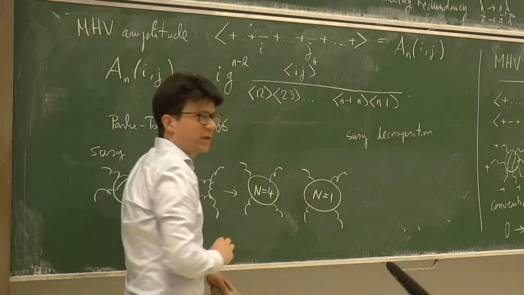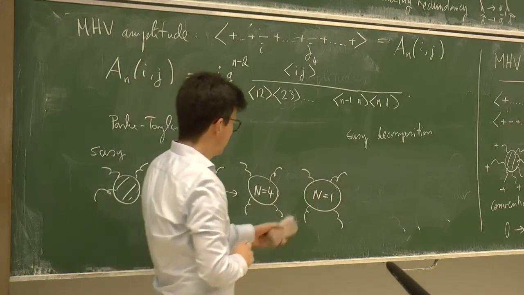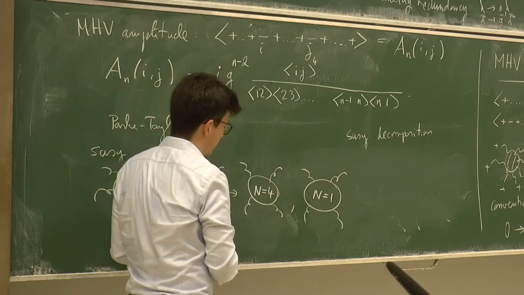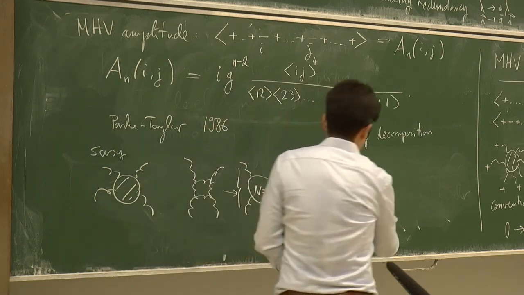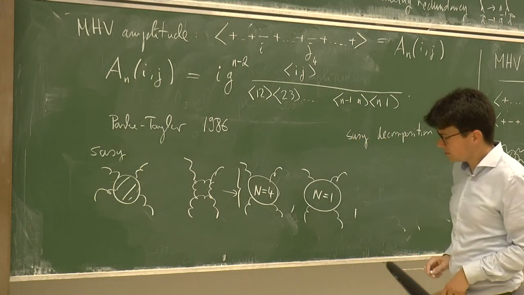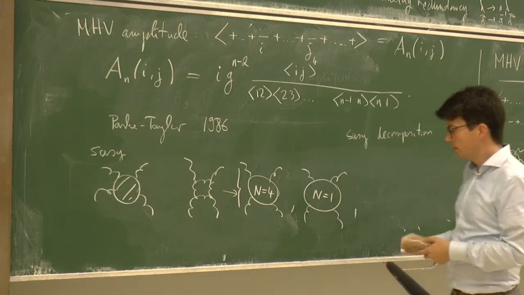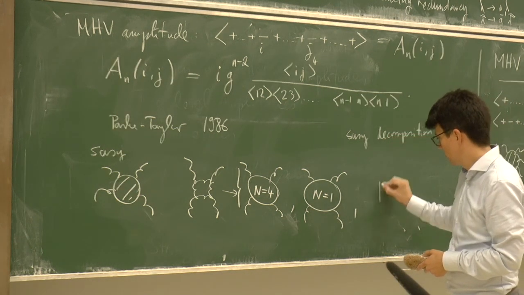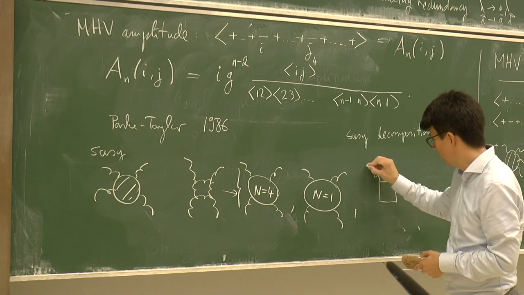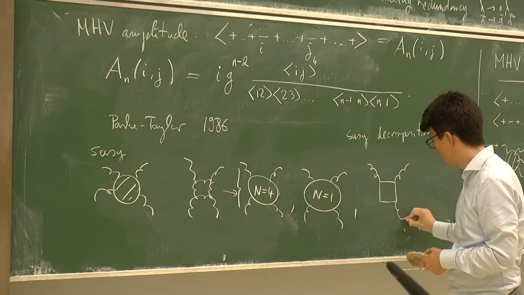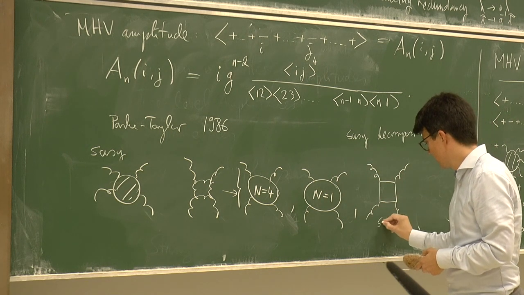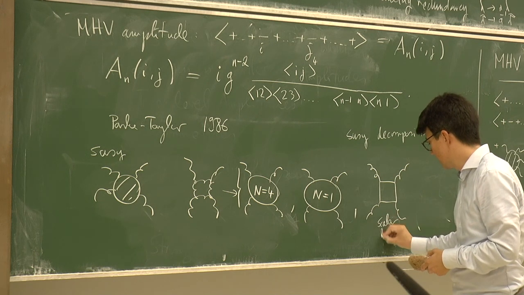So that's actually what I just had there on the blackboard. So that's also okay because it's a bit simpler. And then finally we need one more object, and that would be the one where you just have the scalar particle, the scalar in the loop.